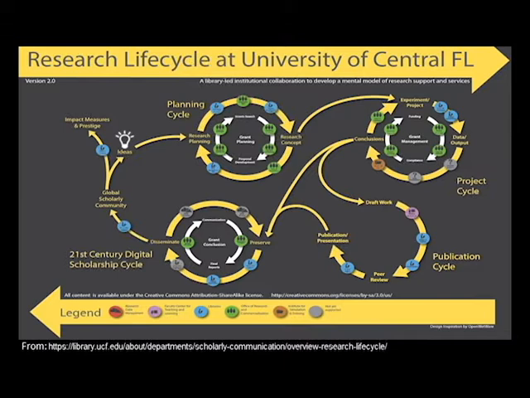So here we're thinking about within each of the cycles, there are cycles of themselves. So the planning, the research planning cycle, you're looking for grants, you're developing the proposal. You then go into the research concept, and then you have the management, the publication cycle, and then looking at conclusion, dissemination, sharing with the global scholarly community, but then going back into, do you know where we have right here, this idea section?